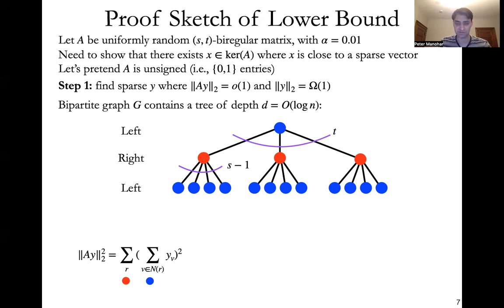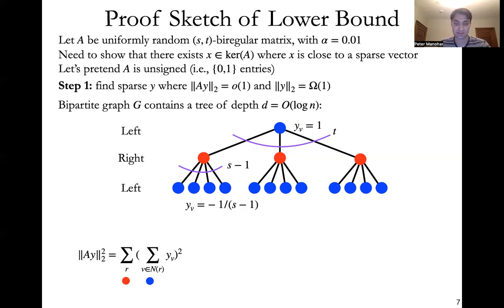So we now need to construct this vector Y, and we'll do it as follows. We'll first set the root to have Y sub V equal to 1, and then we'll set the next layer of the tree. We'll pick Y sub V such that when we sum over the red vertex, all the mass will cancel, and we'll evenly spread out the mass.